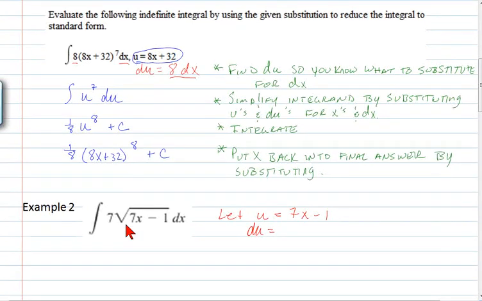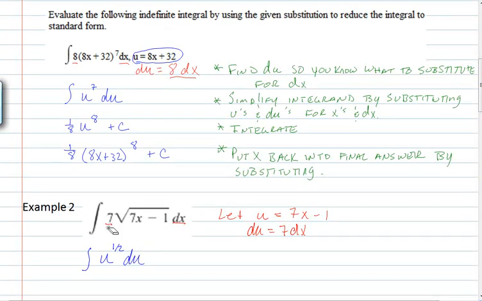The most complicated thing I see here is the square root. If I let u be what's under the square root, then when I take the derivative, I have 7 dx. Look, there's the 7 and the dx. By the way, it's not always going to be this nice. Now we need to rewrite this problem, and this becomes the integral of u raised to what power?